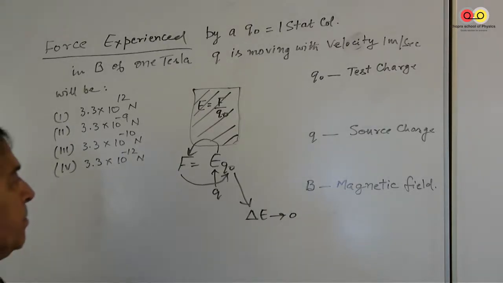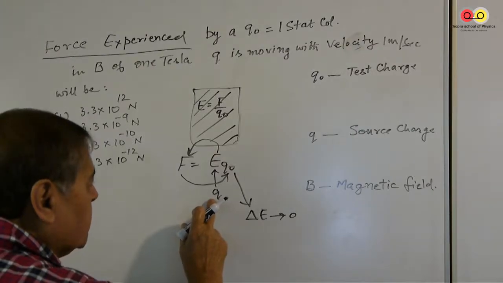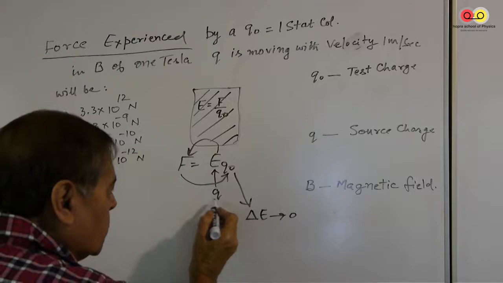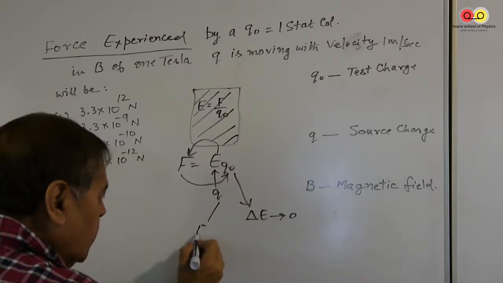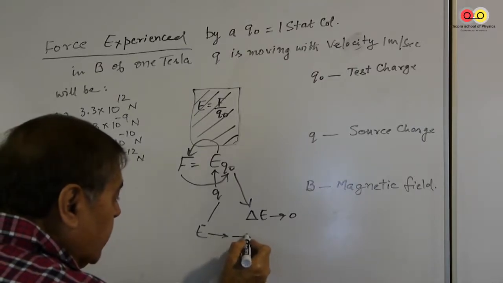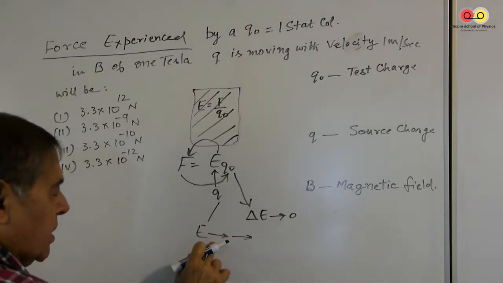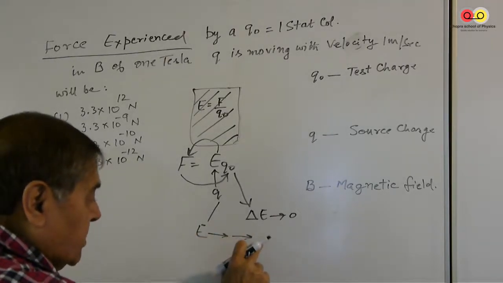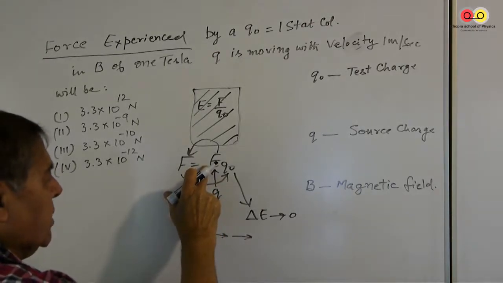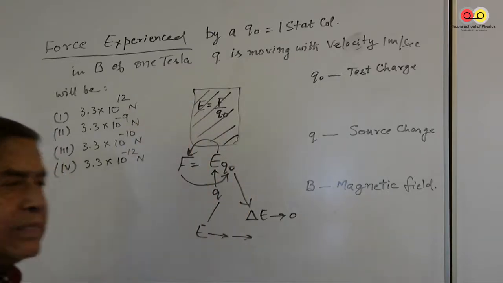So you will remember, E is the electric field generated by source charge. Source charge is that charge whose field is E, and this field is very large. I have written two arrows. I am using symbols here. So when we write two symbols like this, it means field is very large. So this charge is giving rise to field, and field is exerting force, and force is experienced by test charge.